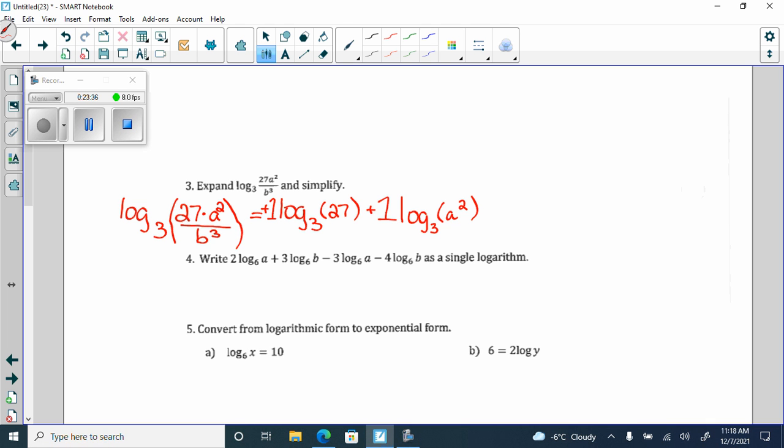And then, because it's in the denominator, I get a -1 in front. Log base 3 of b cubed. And that is expanded and great. However, I can simplify this more. Log base 3 of 27 is all numbers, correct? So type that into your calculator. Log base 3 of 27.